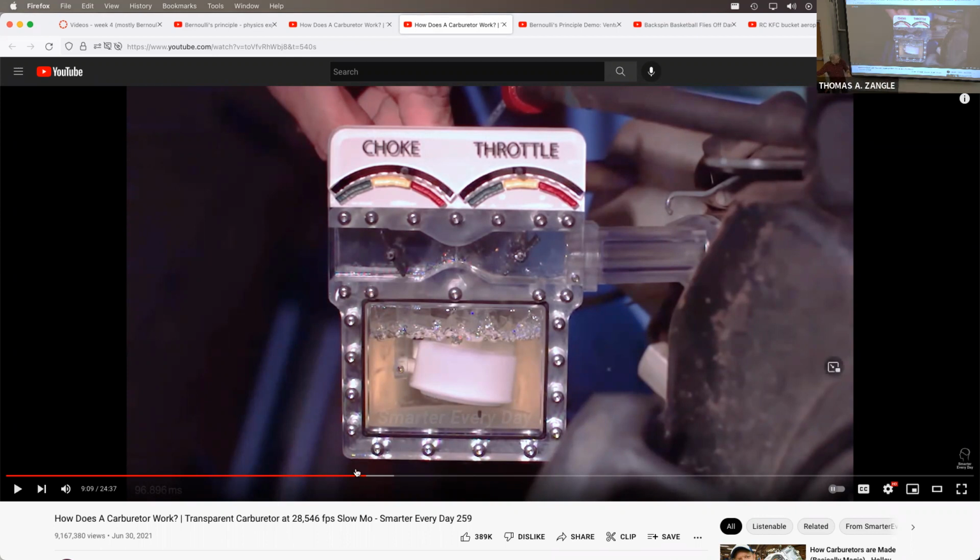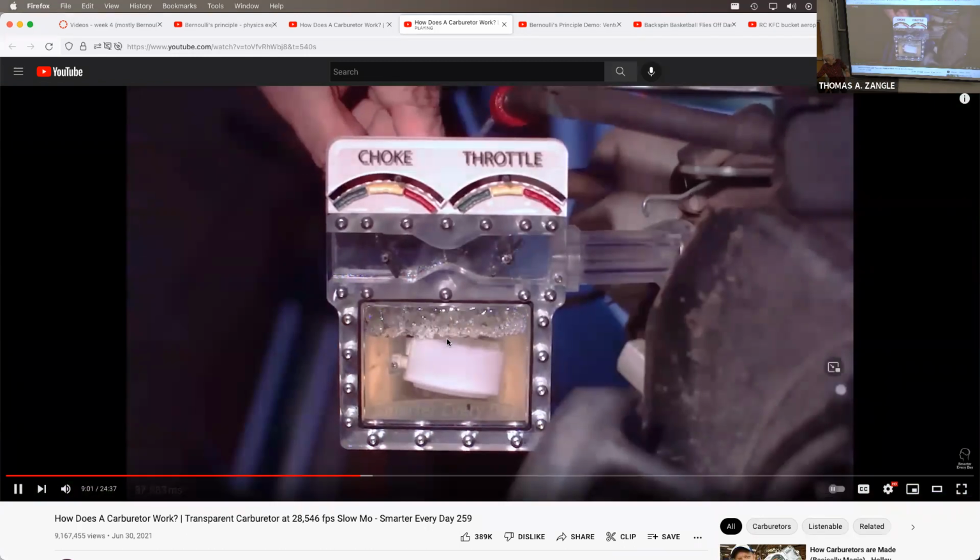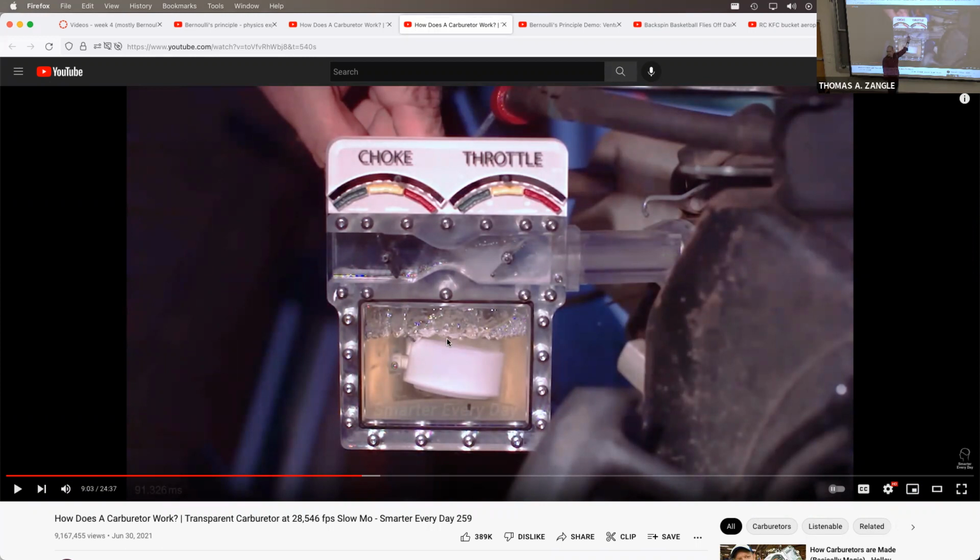But you can see that when that valve is open, we have the gas basically forced up this tube by the pressure difference between the reservoir below and the venturi neck above, and we have this gas being pulled in and atomized into those small particles as well.